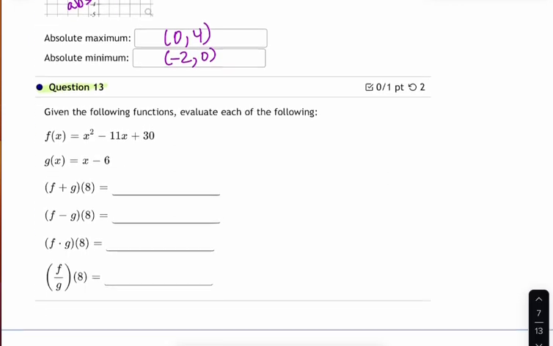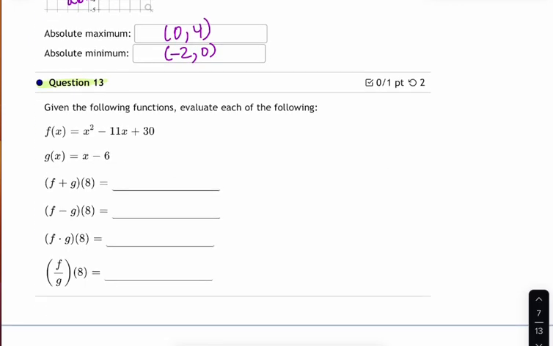Let's move on now to question 13. For 13, we are using 8 for all of our inputs. You notice that? We have 8 down the line. So my suggestion to you is let's plug in 8 into both of our functions so we have those values as resources.